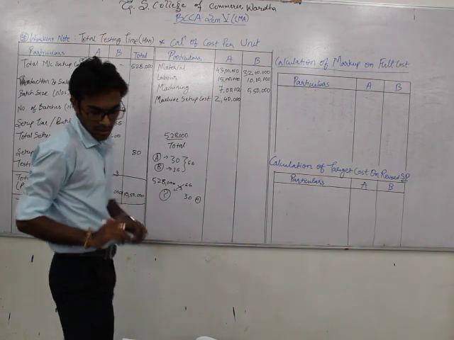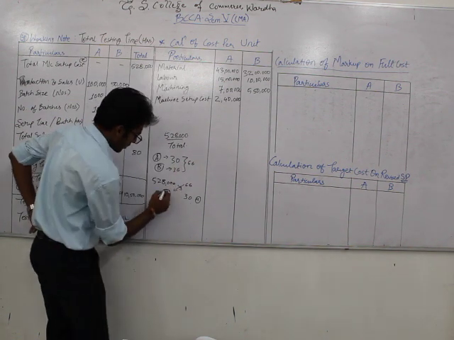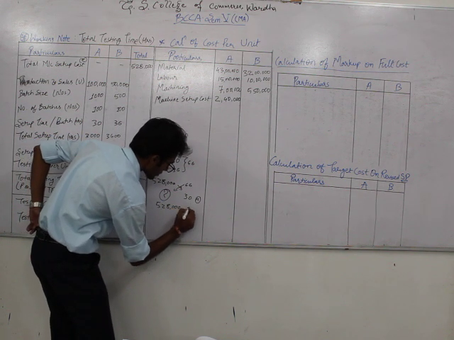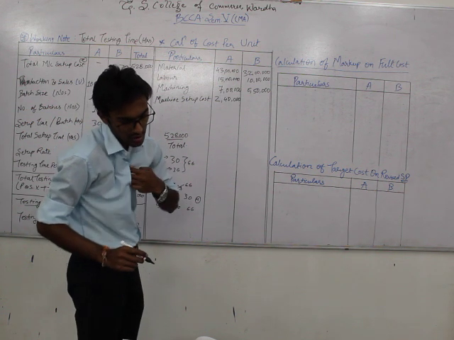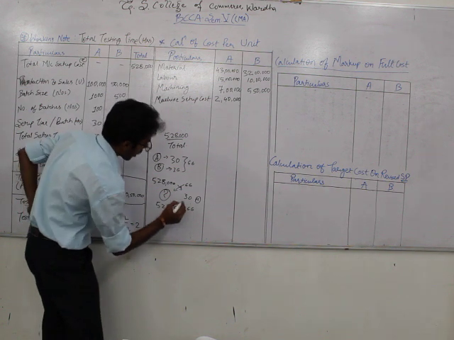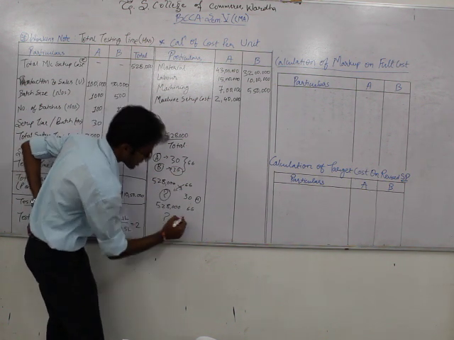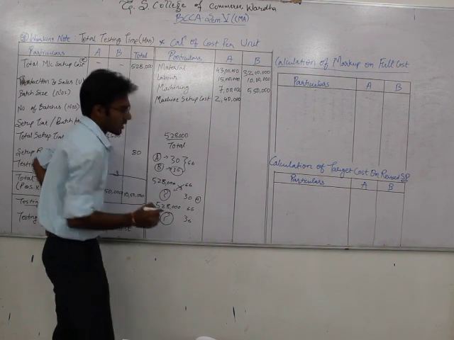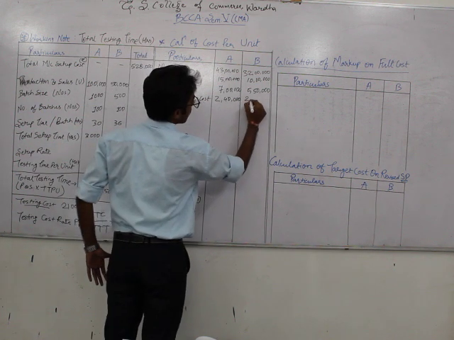After that, the same will be applied: 5,28,000 is for 66 hours. So what will be the amount for 36 units? You can get the amount here, 2,88,000.